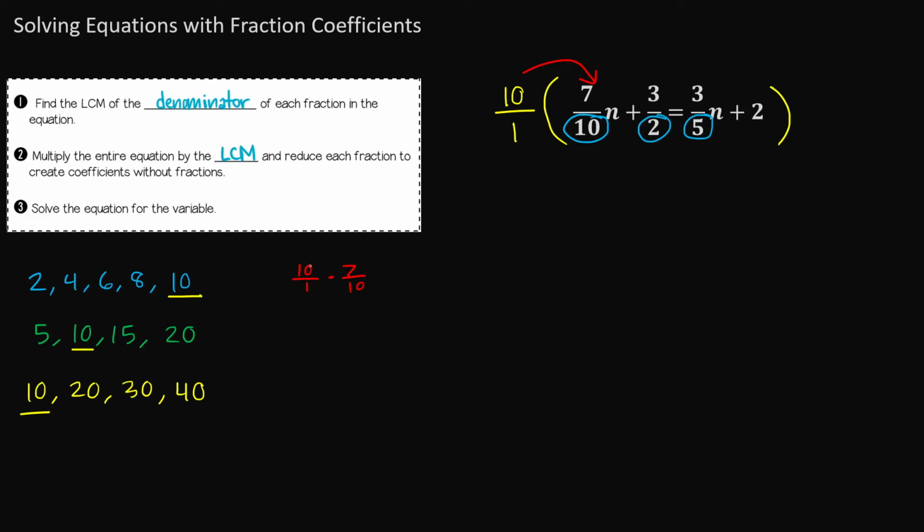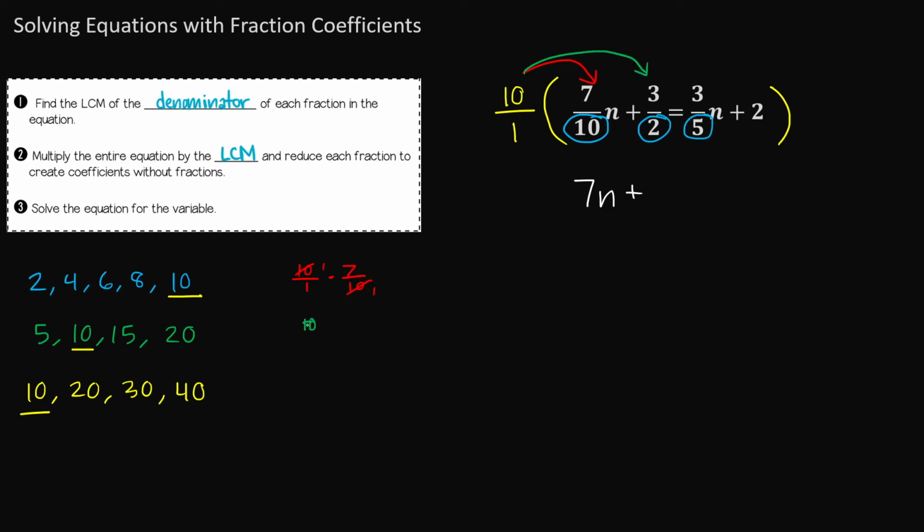I'm going to cross reduce. So these tens can reduce to 1. And so when I multiply across, my new coefficient should be 7. For the next one, we're multiplying 10 by 3/2.